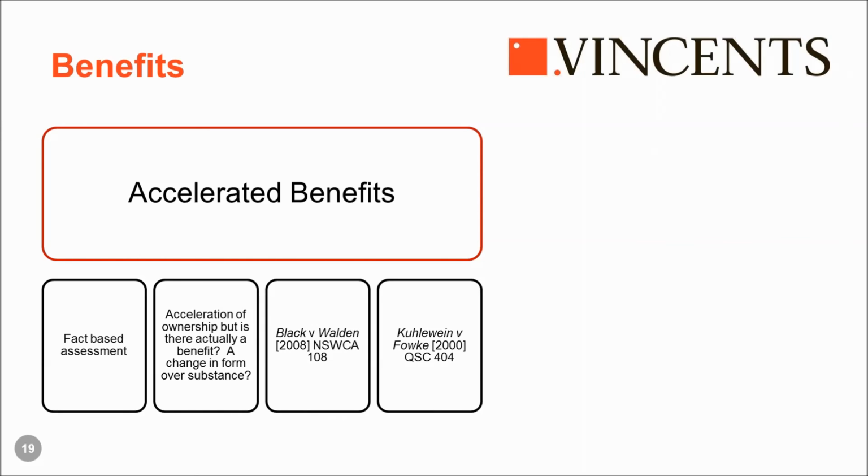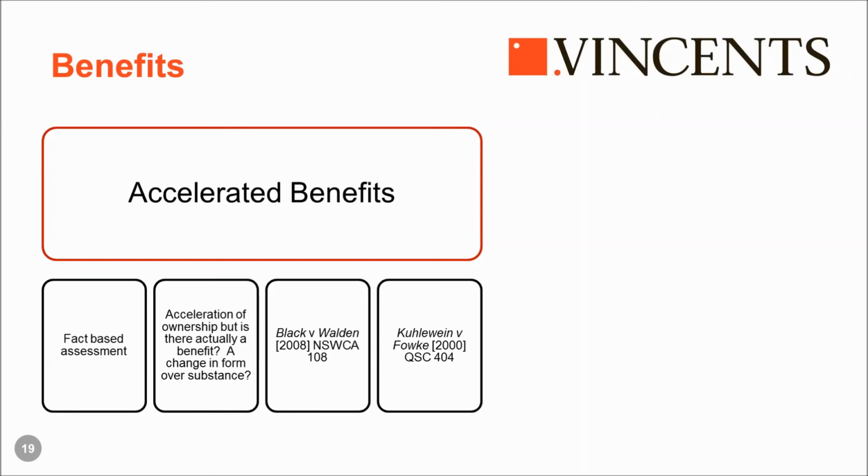Probably the basic example would be if you had a holiday home out at Wynnum overlooking the water, and you only ever used that as a holiday home on weekends because you lived in the city.